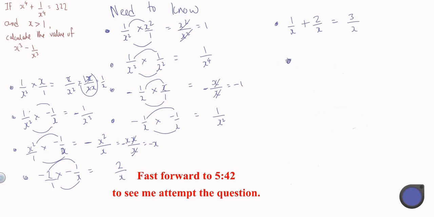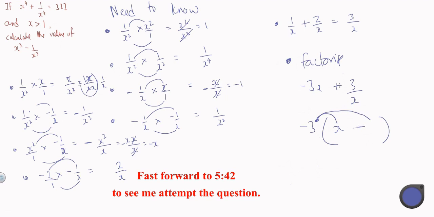The last thing I'm going to do is factorize. This can be factorized. If you take the negative 3 out, negative 3 times something to give me negative 3x. So it's the x, isn't it? Negative 3 times something to give me positive 3 over x. Well, it has to be a negative number, isn't it?